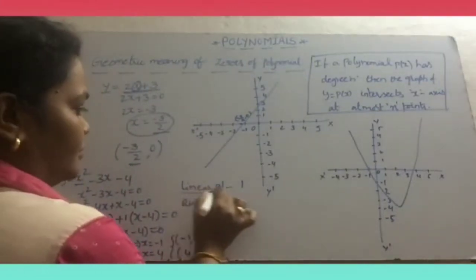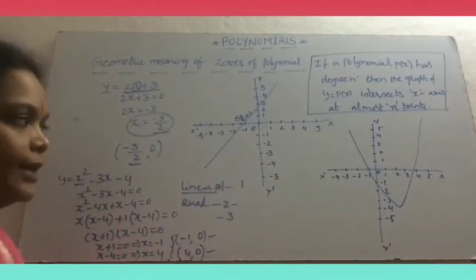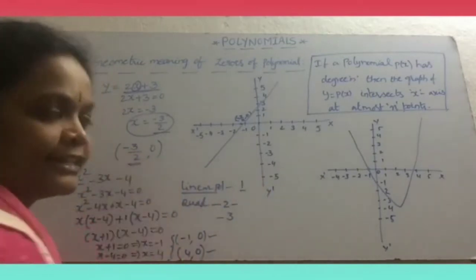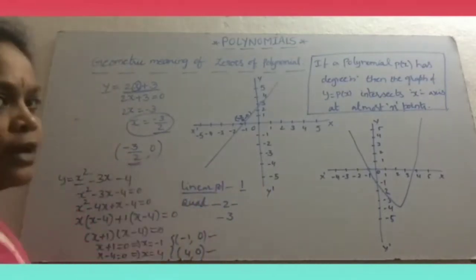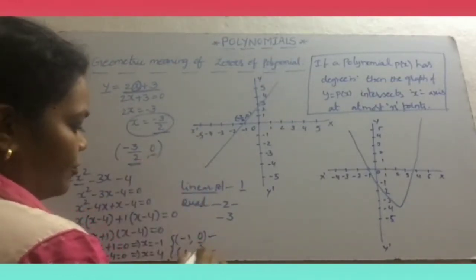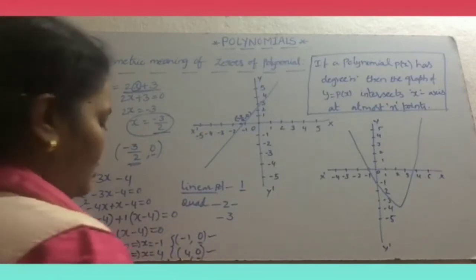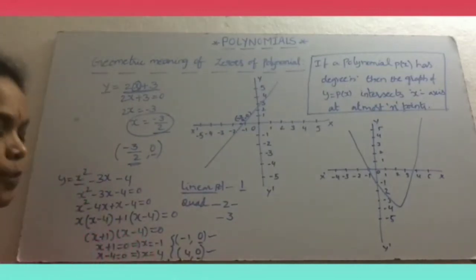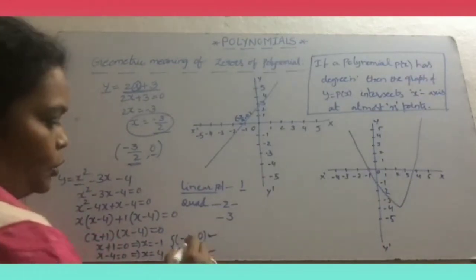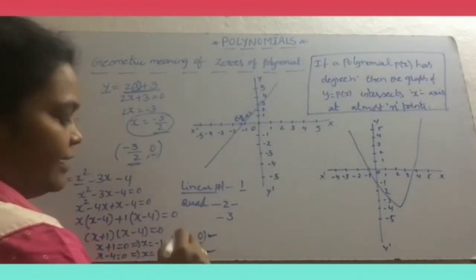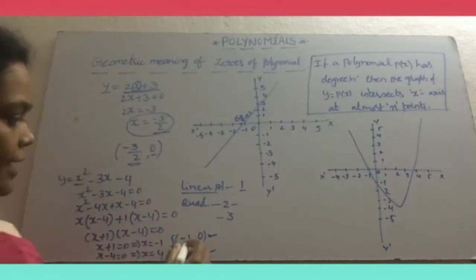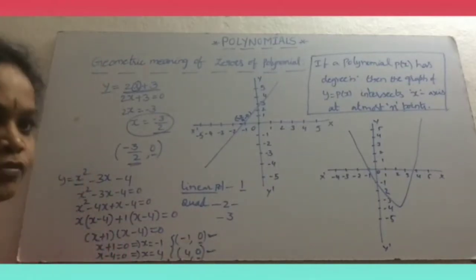If we take a linear polynomial, then we get only one intersecting point, that is minus 3 by 2 comma 0, and always the y coordinate is 0. And in a quadratic polynomial, we will get two intersecting points on the x axis. Those are minus 1 comma 0 and 4 comma 0.